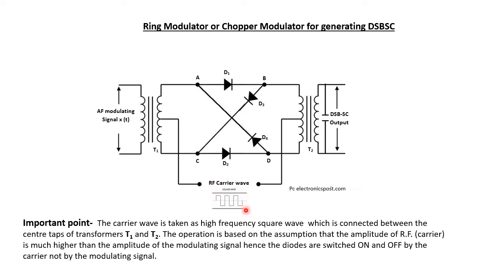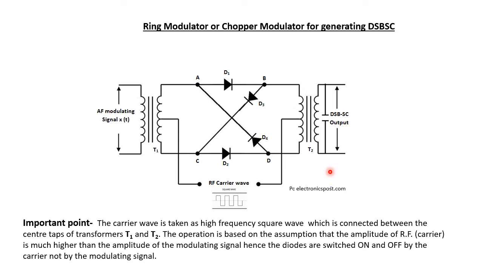The carrier wave should decide which of the diodes should be in the forward bias mode and which diodes have to be in the reverse bias mode or in the non operative mode. Why this kind of arrangement is made will be clear from the next slides when we will discuss the operation of ring modulator in detail.